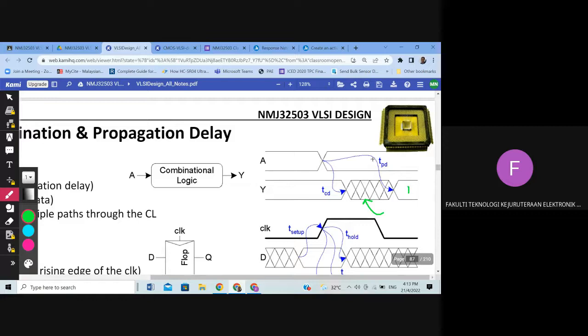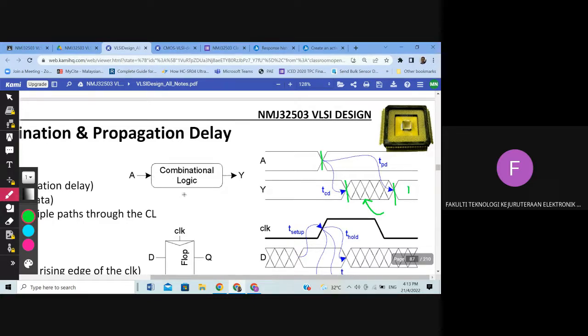Normally the propagation delay is the time for the input to travel along the combinational logic until it goes to the output. That's the basic. It means that the time from here to here is the TPD, the delay time between the input and the output of the combinational logic.